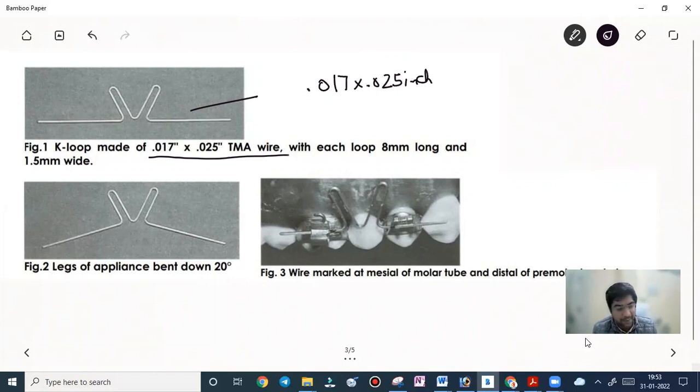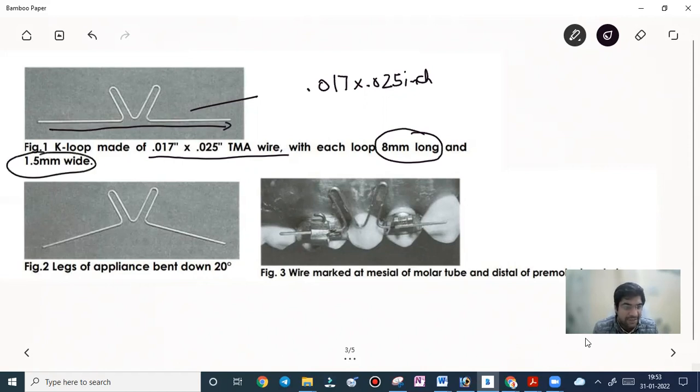We prefer TMA because it can be activated twice as much as stainless steel before it undergoes permanent deformation. A loop made of TMA also produces less than half the forces of one made with stainless steel. So remember, each loop of this K should be 8 mm long and 1.5 mm wide.